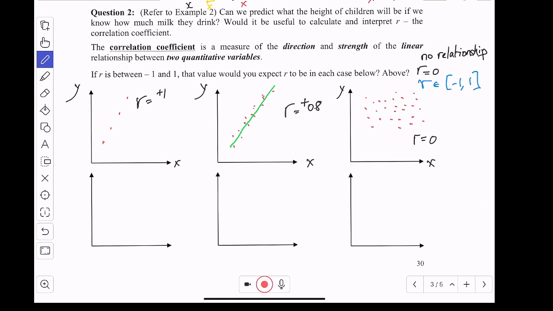If I saw a little bit of a trend, if it was really low down here, now I start to see a more positive pattern, but it's still going to be close to 0, so maybe 0.1.